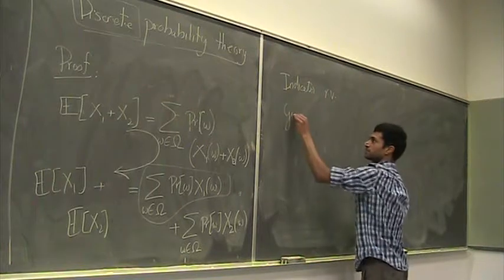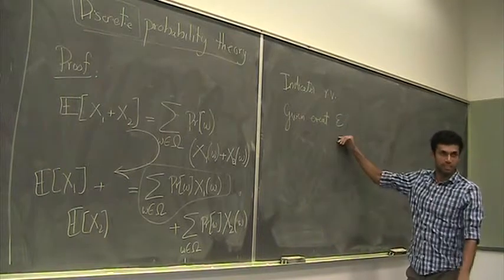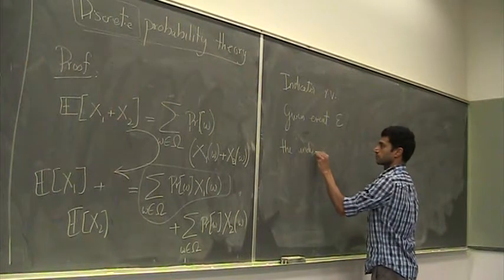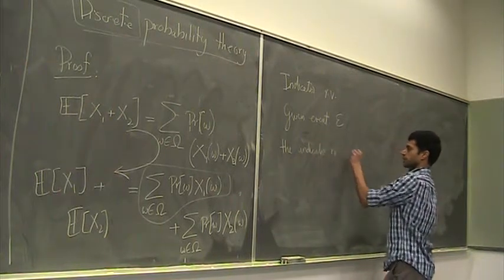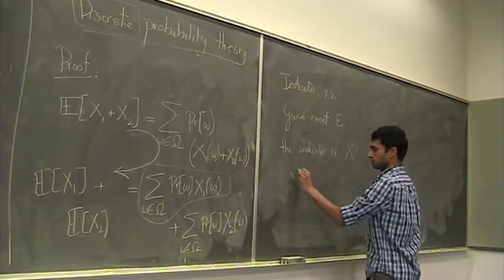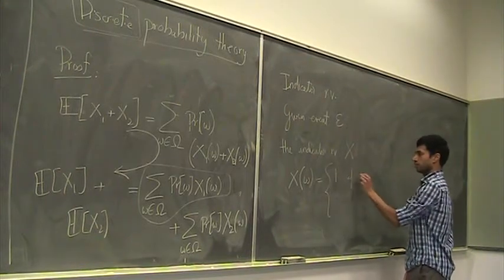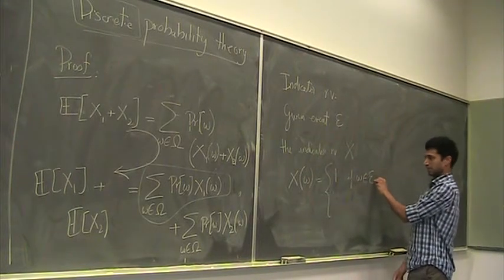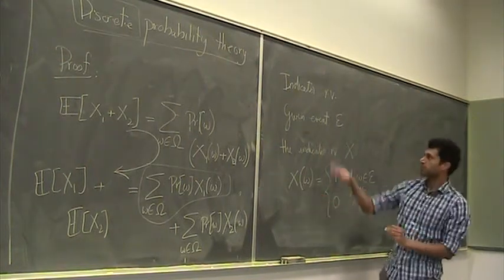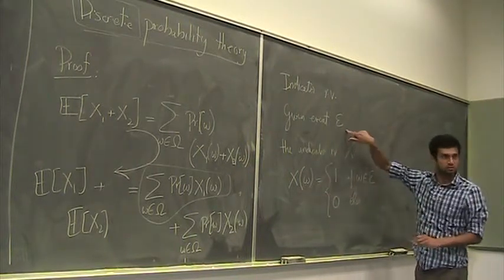So given event E, the indicator random variable, let me call it x, basically, remember, x is a function, right? So x of omega is 1 if omega is in the event and 0 otherwise. So it simply indicates whether your specific outcome is in the event. Does that make sense?